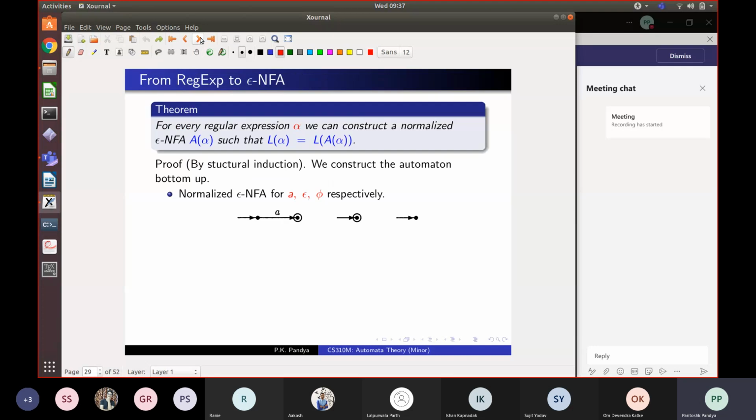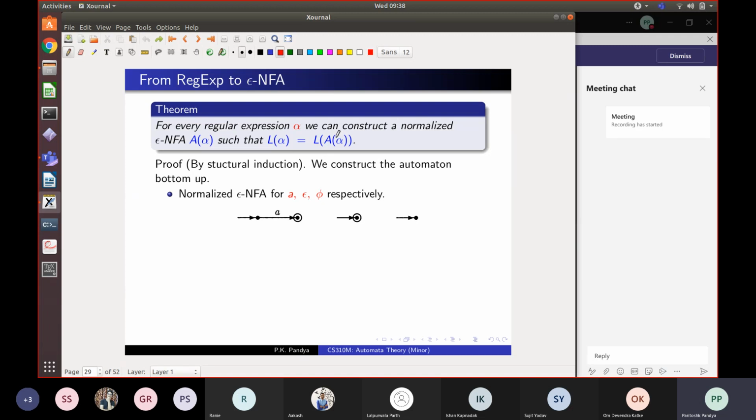Now there was this question: what kind of languages are represented by regular expressions? We had this theorem which said that for every regular expression alpha we can construct a normalized epsilon NFA, A alpha, such that the language of alpha is the same as the language of the automaton of alpha, right?